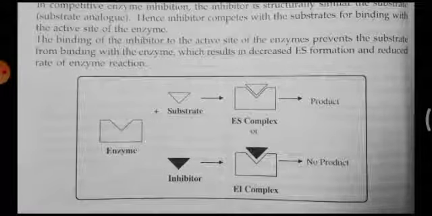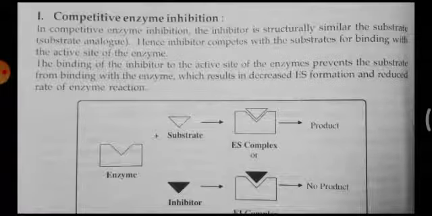If the substrate binds, it is an enzyme substrate complex. If the inhibitor binds, it is an enzyme inhibitor complex. Hence the inhibitor competes with the substrate for binding with the active site of the enzyme.